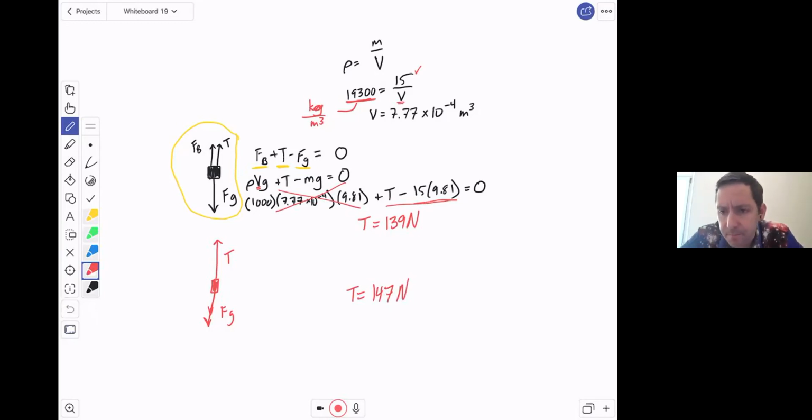Yes, Camila. Sorry, just to clarify, for the rho equals m over v, is that the density of gold or water? Is that gold? Good question. At this point, we were trying to find the volume of the statue, right?